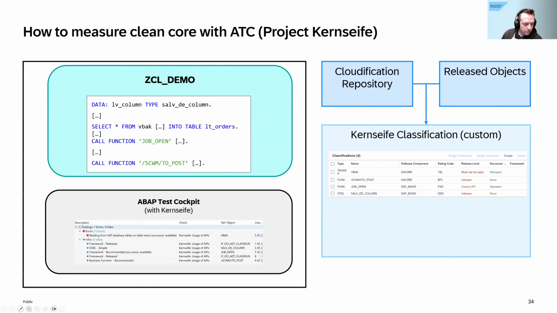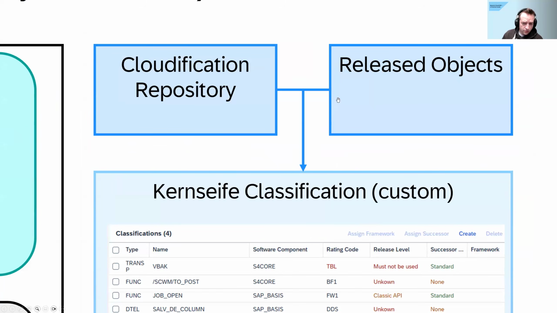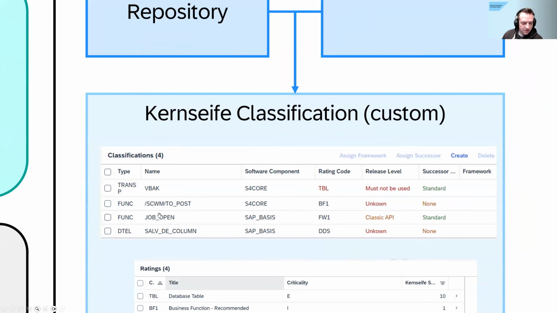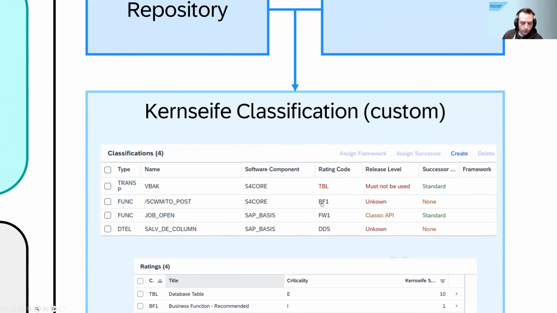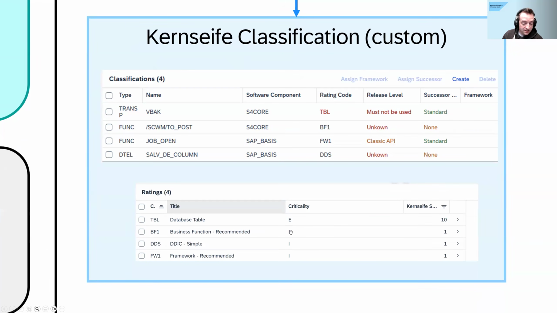So what you do there is with Kernseife, you have your own custom ATC check that you can implement in your system that works with a custom classification, taking into consideration our official release data. You can see here for SCWMTO post, for example, you can do your own rating. BF1, although it's not officially released, which means BF1, it's only an information message. And the score is directly the technical debt score, you can say, is 1. Like the one for the job open, which is a classic API in standard.